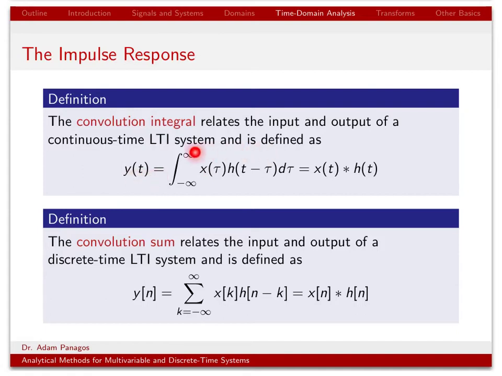So this equation right here, this integral, is what we call the convolution integral, and it says if you know the input and you know the impulse response, you can compute the output of the system via this integral. And instead of writing this integral down all the time, we often use this shorthand notation x of t star h of t, which you read as x of t convolved with h of t.